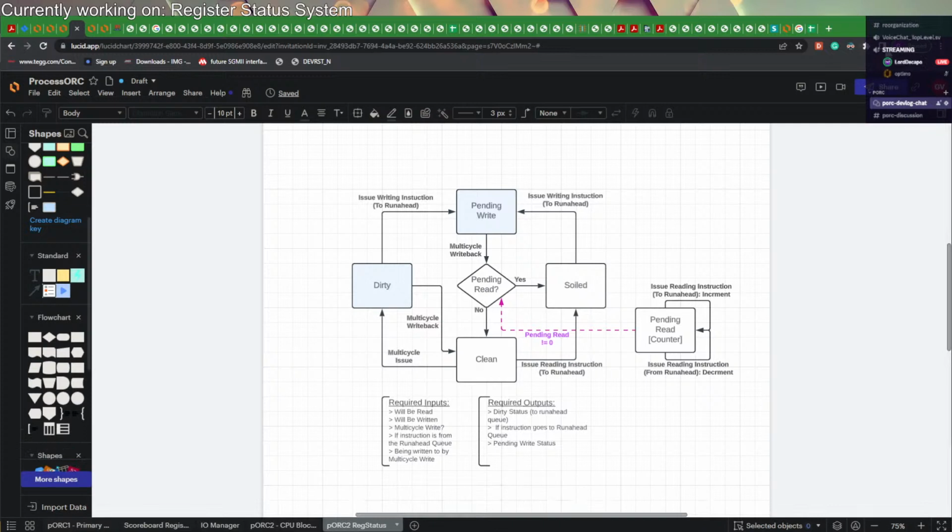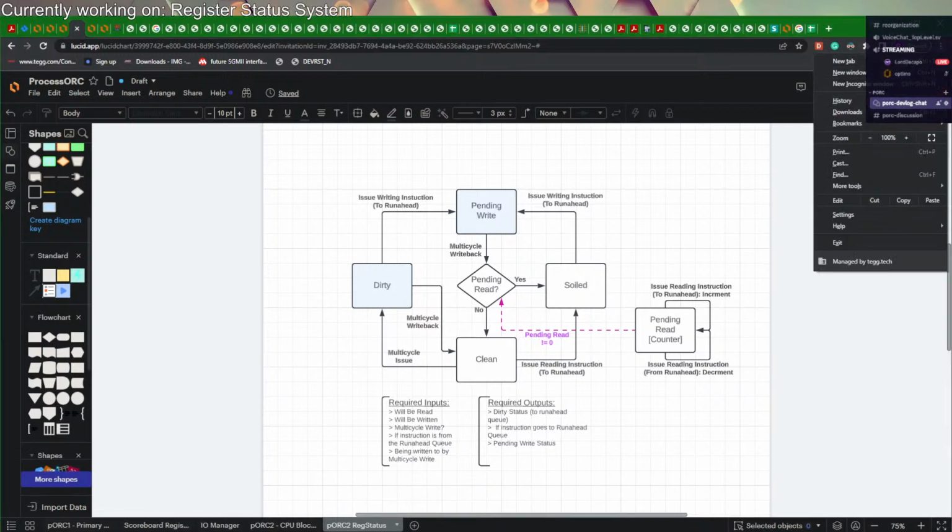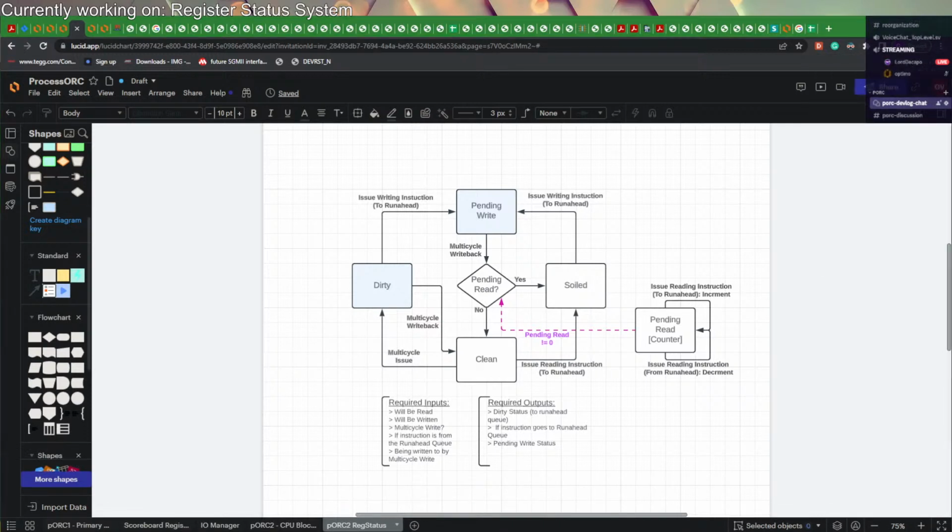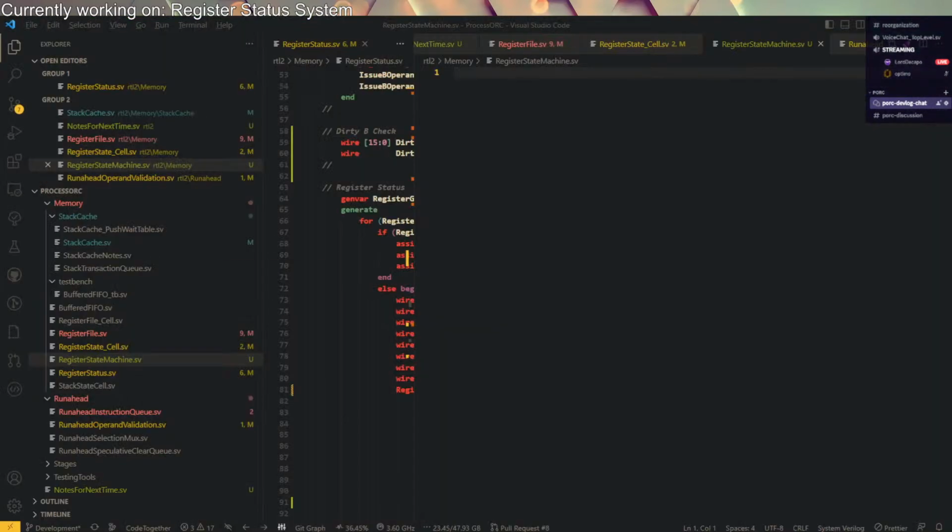Where the hell did that download even go? Oh, it is in there. Why the hell? I'm so confused. Oh well.